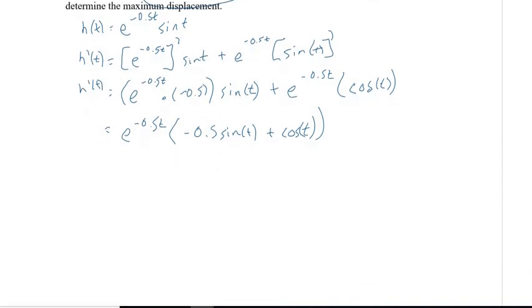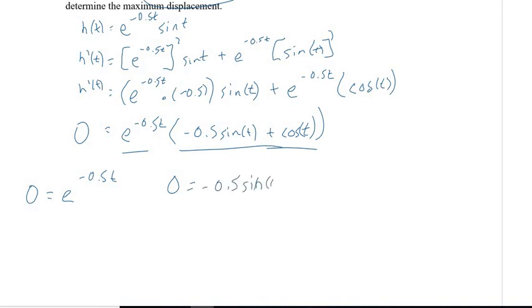So we know that we're multiplying these two things together. So if we set it equal to 0, we can just set both of those terms equal to 0, just like with factoring. 0 equals e to the negative 0.5 t, and 0 equals negative 0.5 sine of t plus cosine of t.